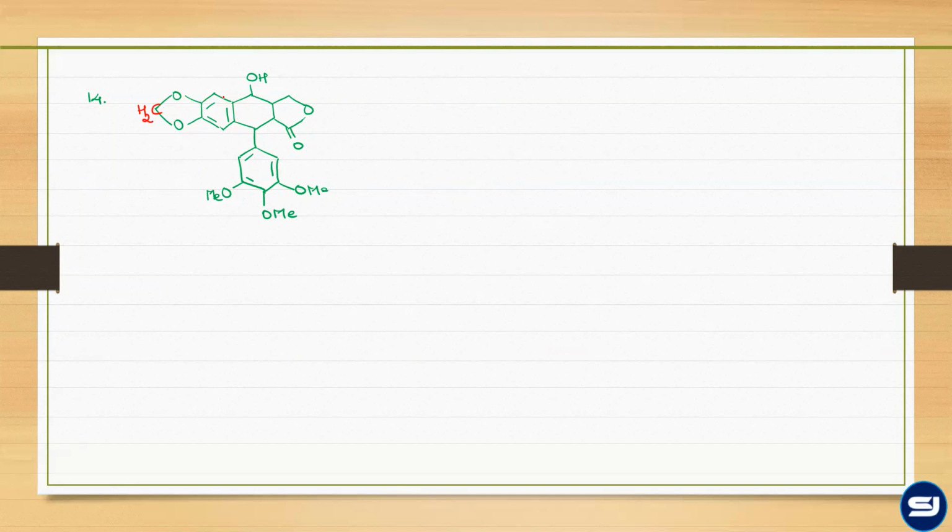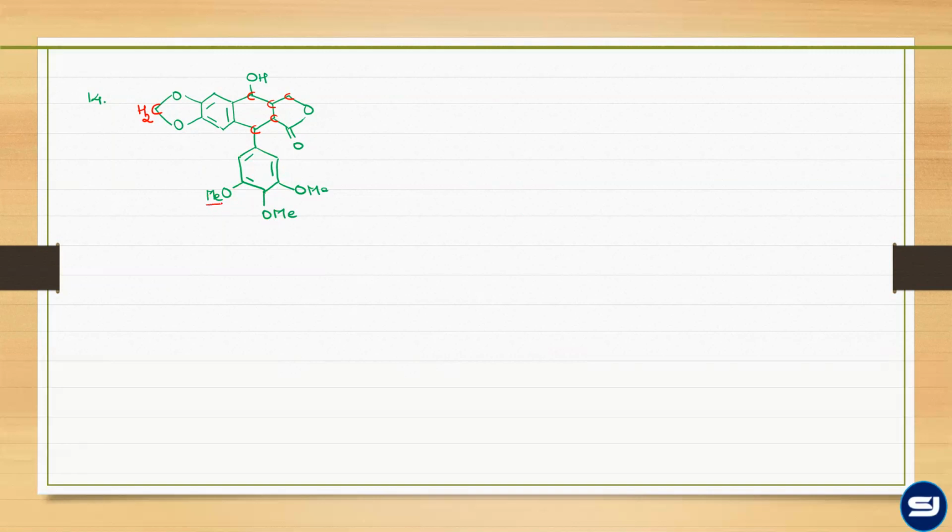Next is the benzene ring. All carbons are sp2. In the third cyclic ring, this single bonded carbon, all are sp3, and even this single bonded carbon on the other ring is sp3. In the next ring, it's benzene, all carbons are sp2. Next, does OMe have any sp3 carbon? Yes.